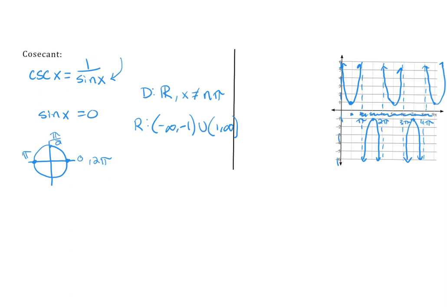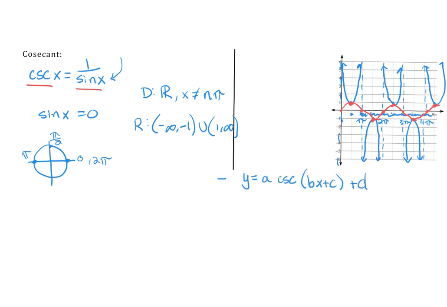And one way to help you memorize this, remember cosecant and sine, they're buddies. So draw sine on here real quick. So the max of sine, minimum of sine, hit those same points. And then sine would cross at those asymptotes.